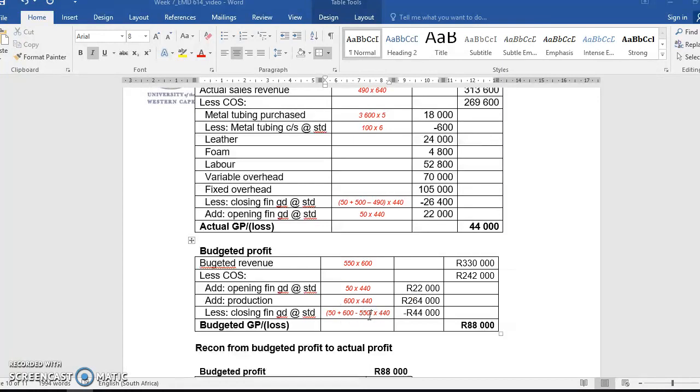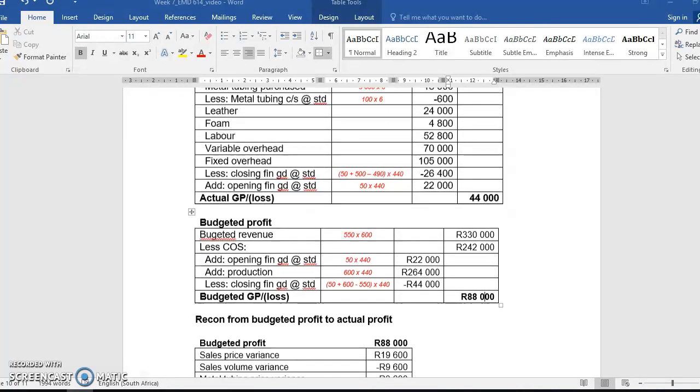So we're going to be left with 100, and 100 times 440, which is the standard cost, is 44,000. Once you add all that up, you get the budgeted cost of sales of 242,000. Budgeted revenue minus budgeted cost of sales is budgeted gross profit, which, as there are no other costs, will be budgeted net profit as well.